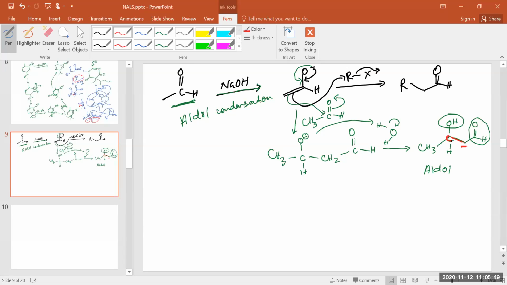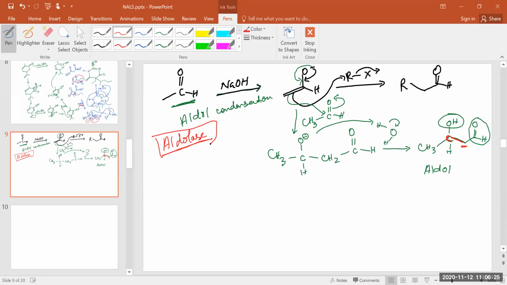It happens a lot in our body, in our biological system. For that, the enzyme used is aldolase. You guys will study aldolase in biochemistry. It's two types, type 1 and type 2. Just read the book. There is a section that explains. It's very nicely explained, and you guys will study more in biochemistry.